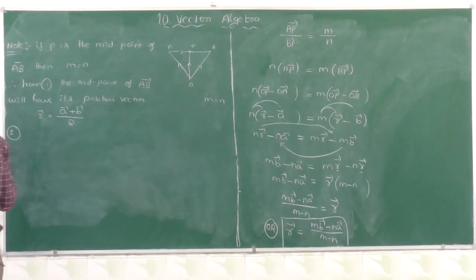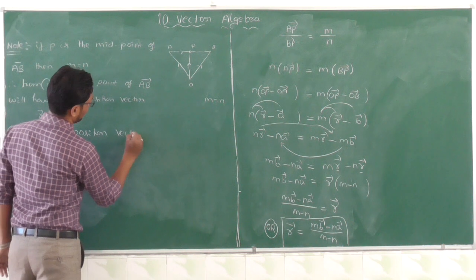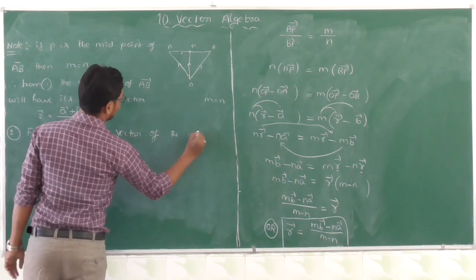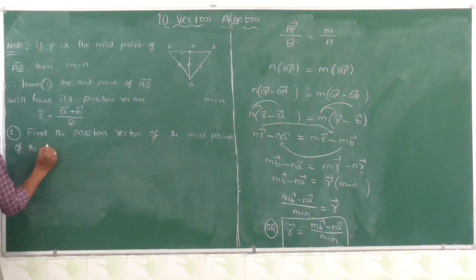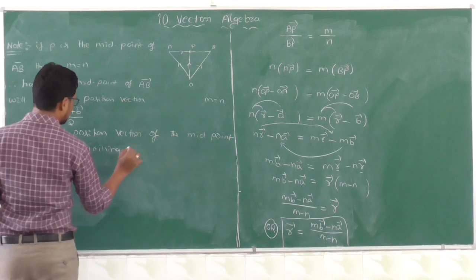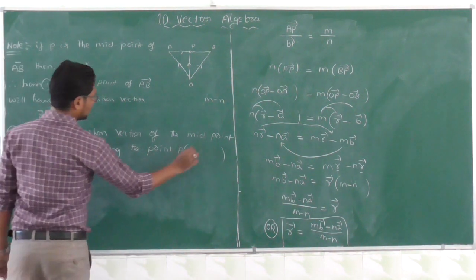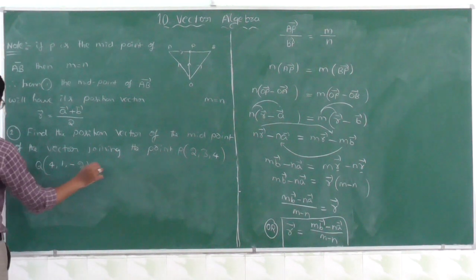First problem: find the position vector of the midpoint of the vector joining the points P(2, 3, 4) and Q(4, 1, -2).